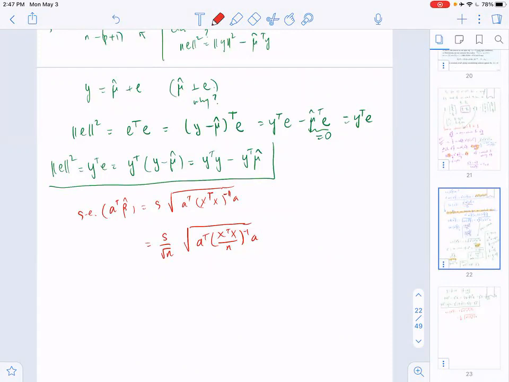The n's just cancel out. Good. Yeah, so this n comes out, goes to the numerator and cancels out with this.